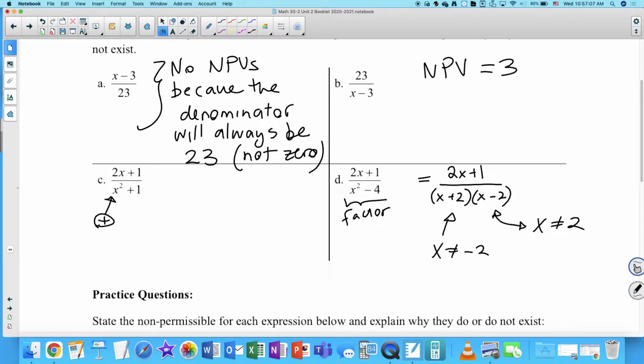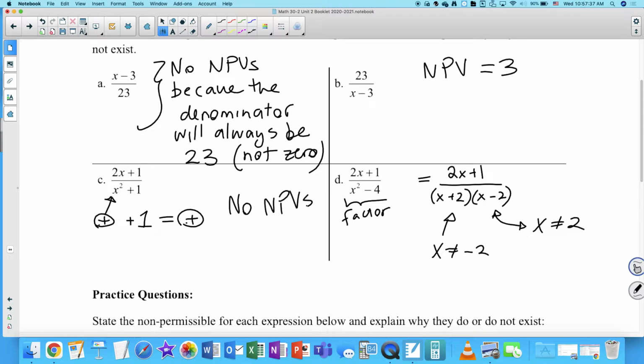Positive number. So because of this specific expression, positive number or 0 or bigger plus 1 is always going to be positive. So this also will never be 0. So this has no non-permissible values. There is no value of x that would make that expression equal to 0.